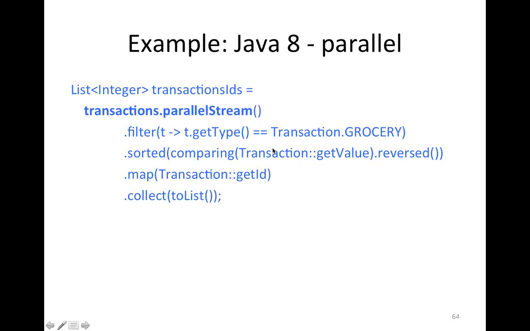Now you're wondering, well, Raoul, you're giving me all this talk about processing collections very efficiently and in parallel, so how do you do it? Because we can now abstract away how those operations are implemented, we can ask for a parallel stream instead of just a normal stream. In this code we're saying transaction.parallelStream, and then filter, sorted, map, collect.